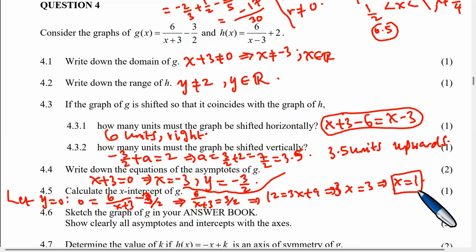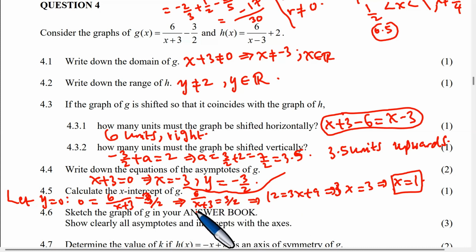Where did you get the 12? Oh, the 12. Yes, sir, it's 6 times 2. We're cross multiplying. 6 times 2 is 12.